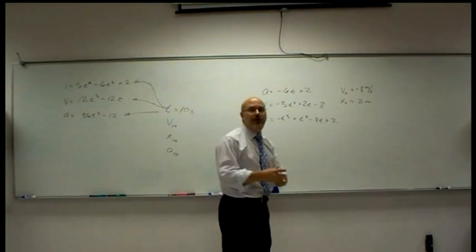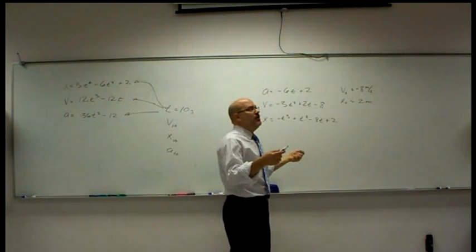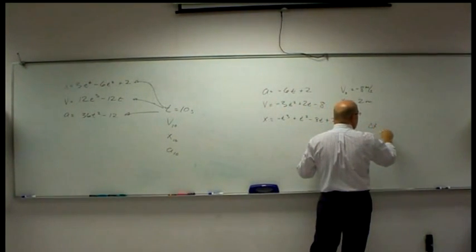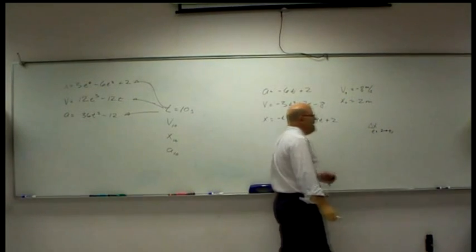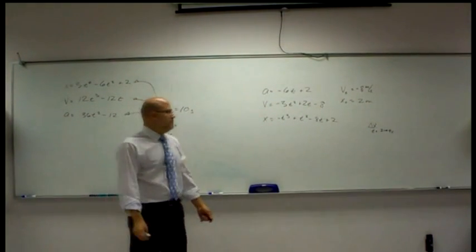All right. Now they could ask you questions like this. Well, what's the displacement of the object between 2 and 4 seconds? So what's the delta x between time 2 to 4 seconds? How do you solve that? Absolutely.